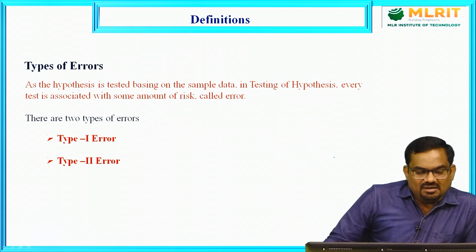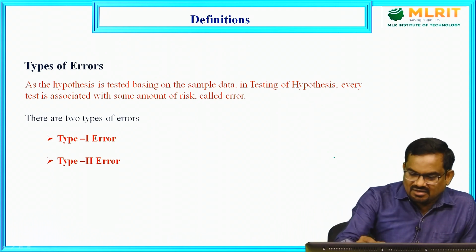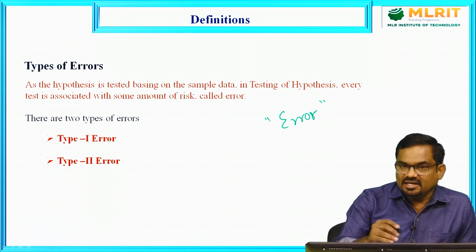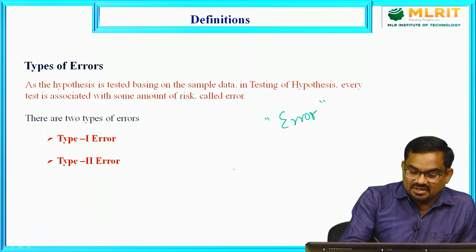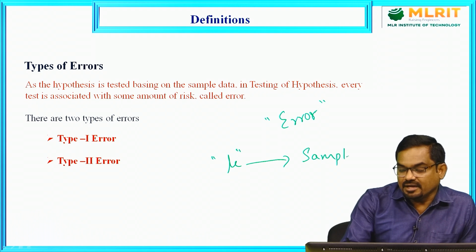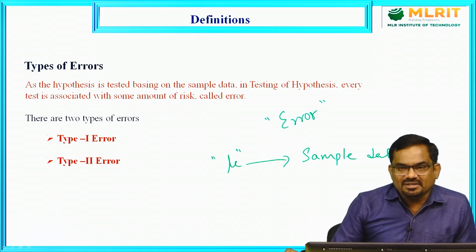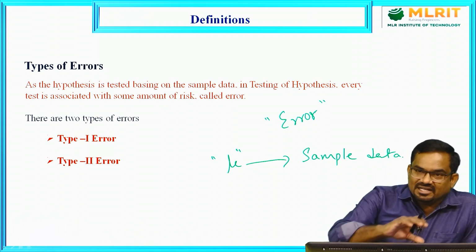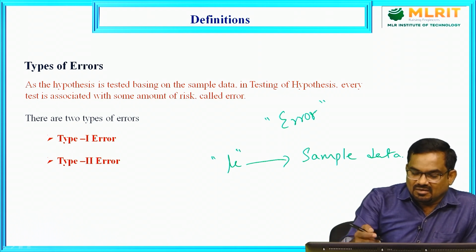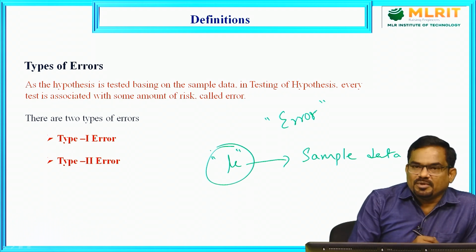And next, coming to the next topic, types of errors. Here we are using the word error. Why do we get this error? In testing of hypothesis, a parameter of a population is tested using the sample data. That means, to test the entire population, we consider a sample, and using the sample data, we take the final decision about the population parameter.